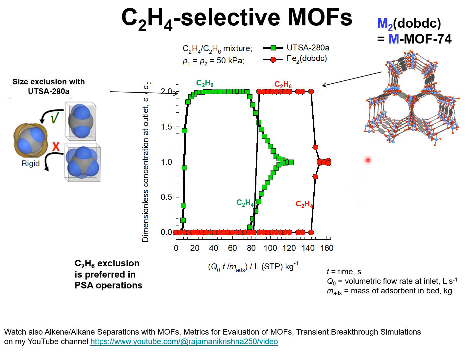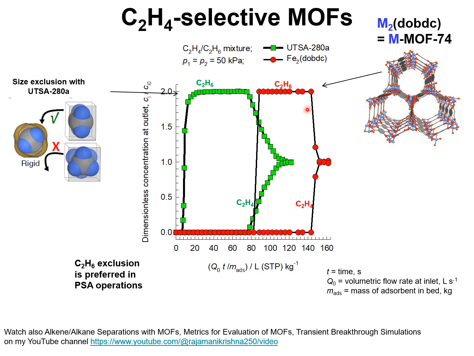The uptakes of both ethene and ethane are high, and the selectivities are also of the order of 20 to 30 or 40 depending on the metal used.